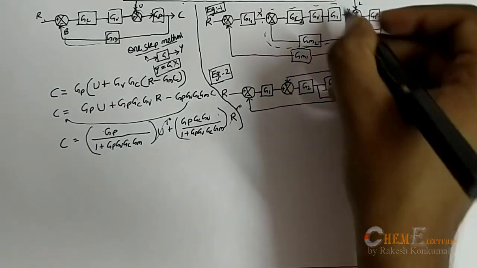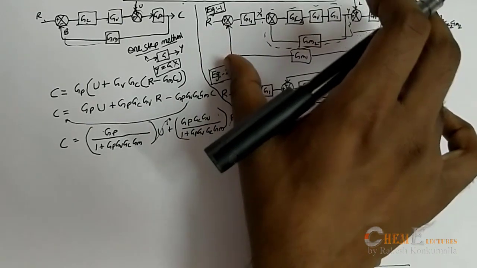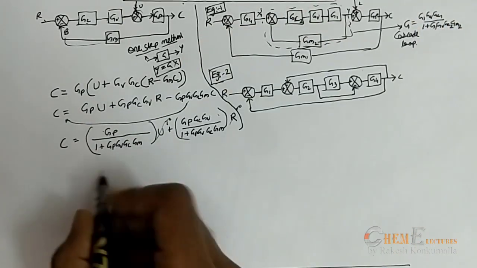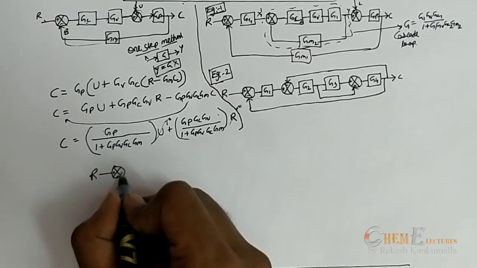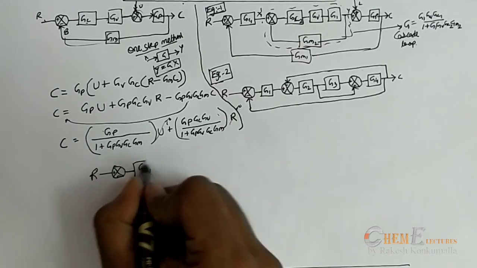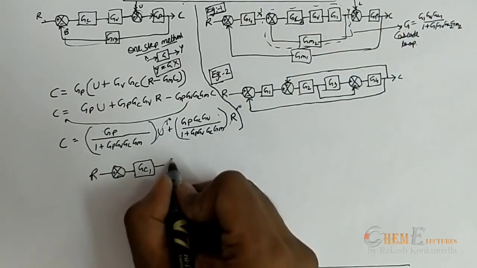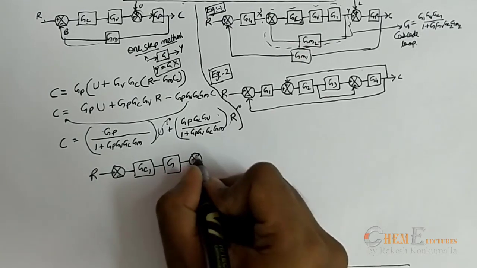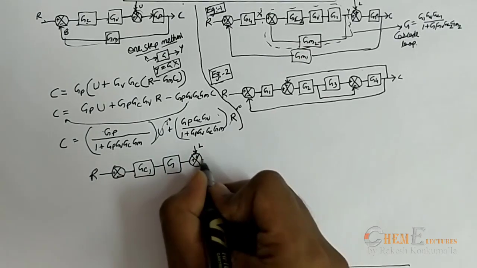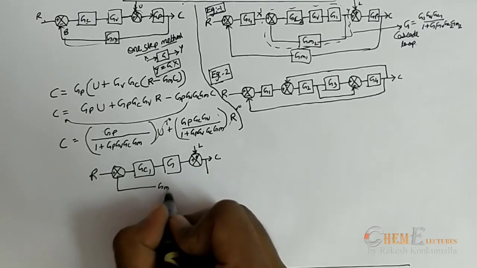Now after giving it as G, it is a main loop with a feedback loop. I will just picturize it: R, then my GC1, and this complete inner loop I have termed as G, with load, and C, GM1.